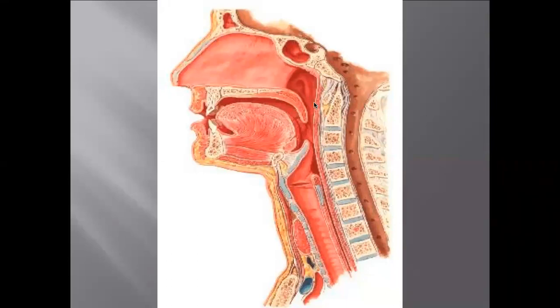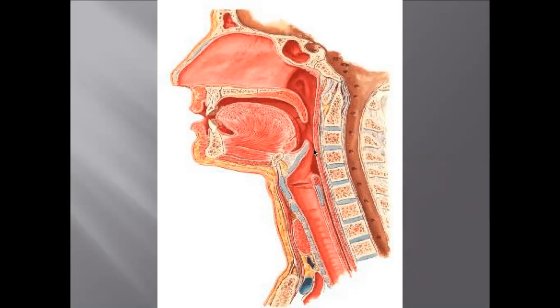Where is the roof present? It is present at the base of the skull. We have studied the base of the skull, where the basi-occiput region is there. So the basi-occiput region forms the roof of the pharynx.